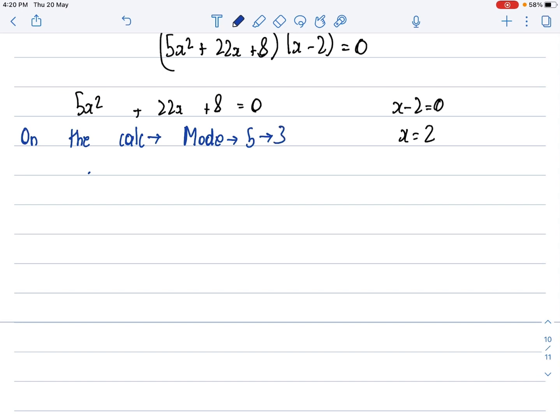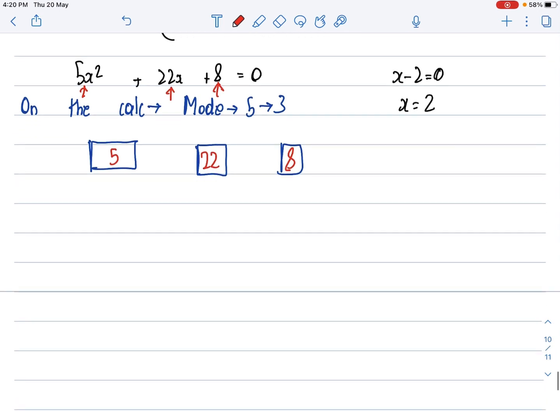Now you will get 3 boxes. In the first box, put 5, which is the coefficient of x square. In the second box, put 22, which is the coefficient of x, and in the last box, put 8. So 5, 22 and 8.